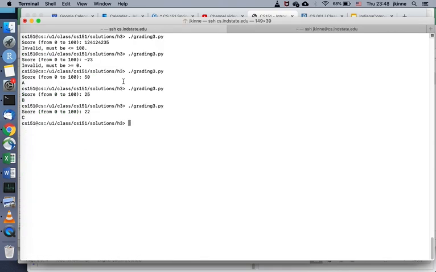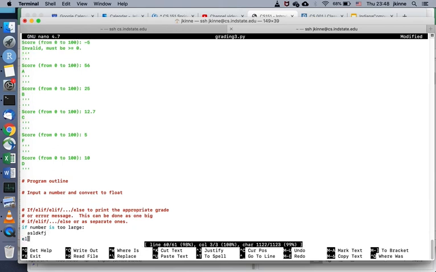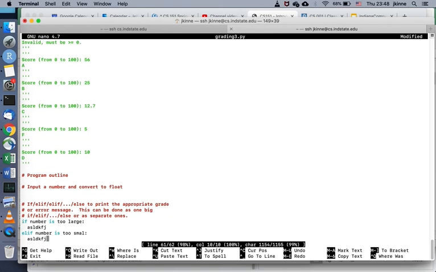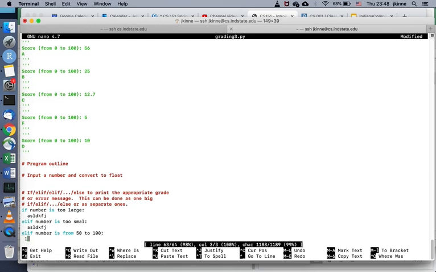Okay, so you could have your first, if the number is too large, then you're going to say something, whatever you print, that it's too large. Elif number is too small. Do that. Elif number is from 50 to 100. Right, you have some conditions for that, and just keep going on like that.